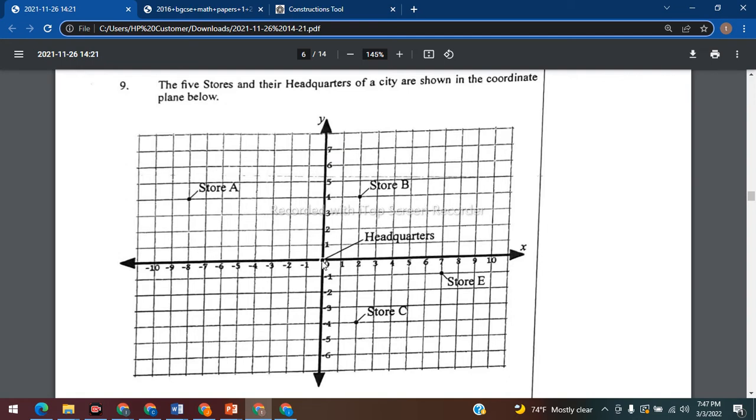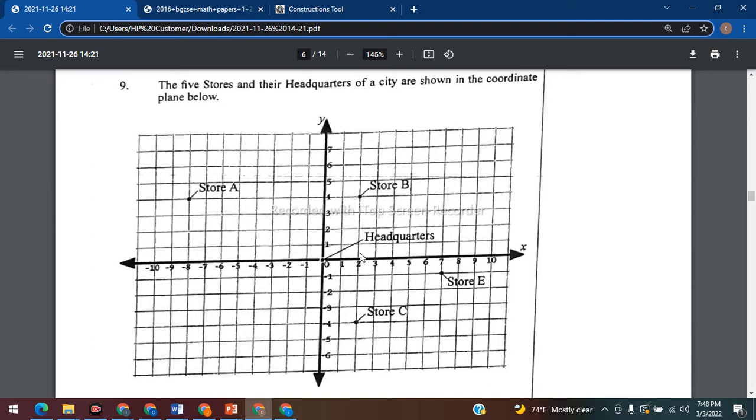Now, the headquarters is at the origin, and the coordinates of the origin are 0, 0. Star A is at the point -8 and 4. Star B is at the point 2 and 4.